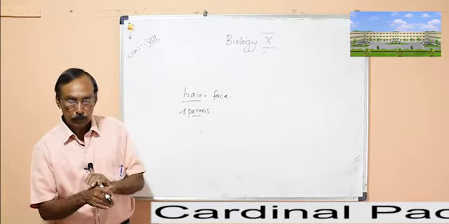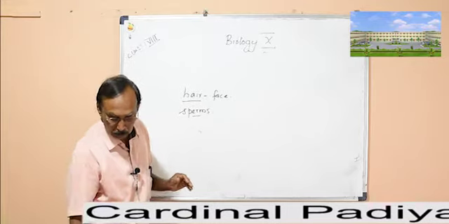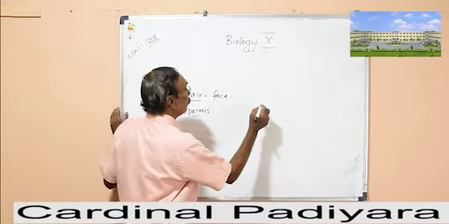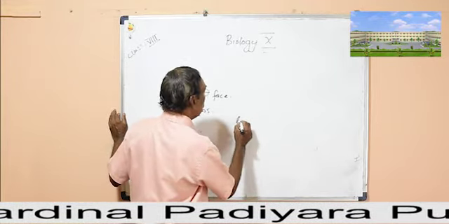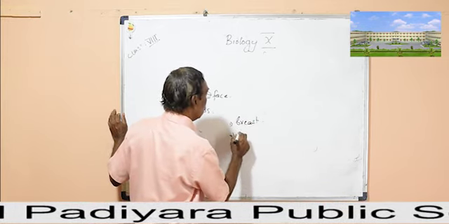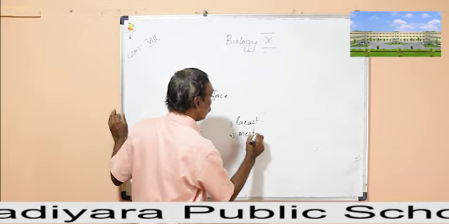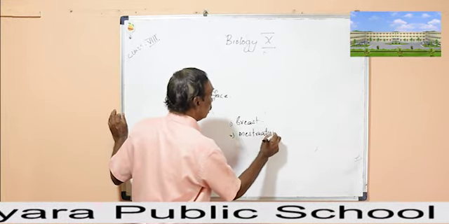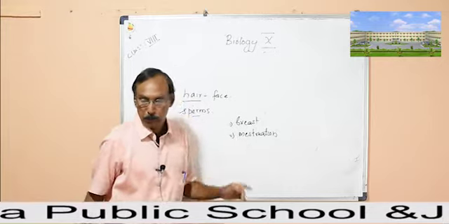Then the second one is about girls. Changes include breast development, and also menstruation will start. So these are changes that take place in girls.